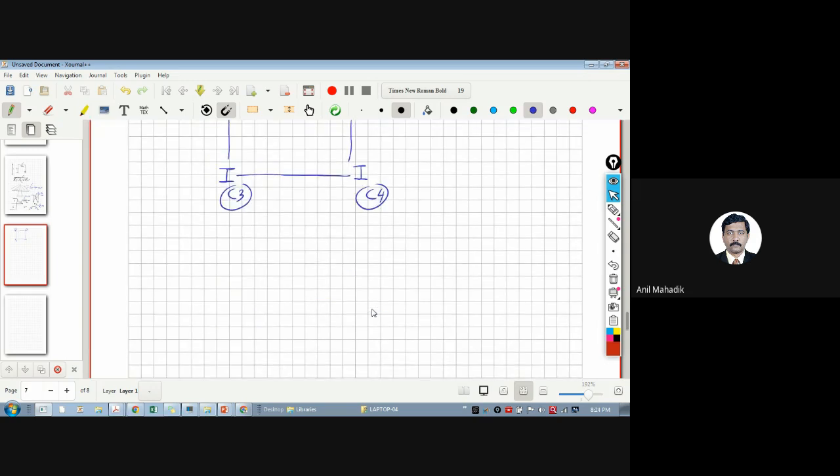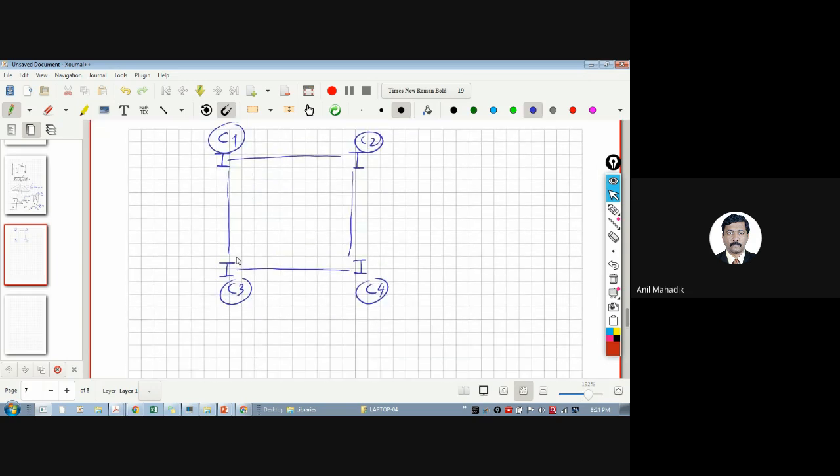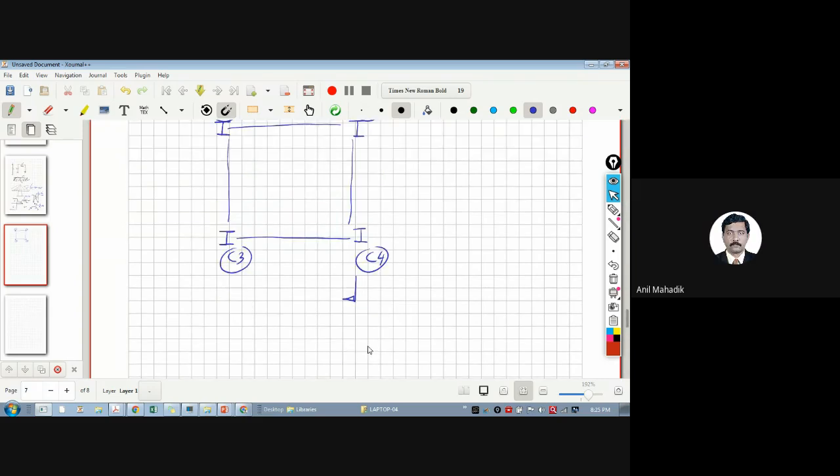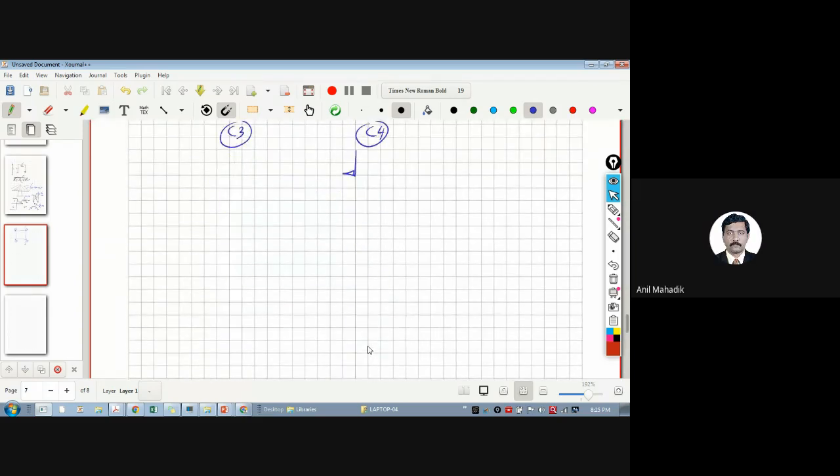If you see the elevation, it should look like this. Now I'm drawing the elevation, or cross section. So if you see this, it will look like this. There will be double lines, then connection by the beams, and again double lines.